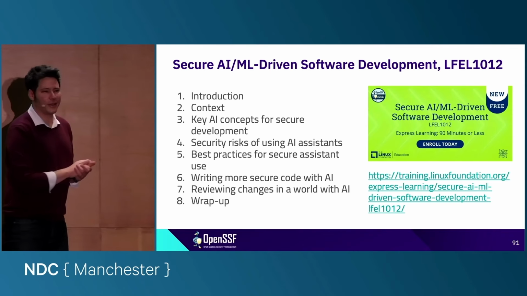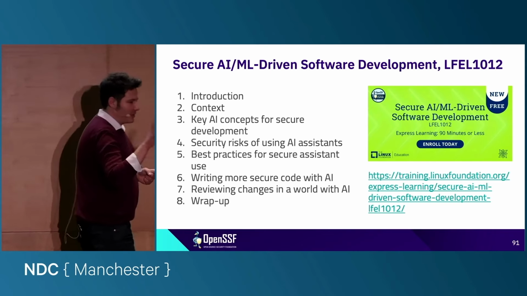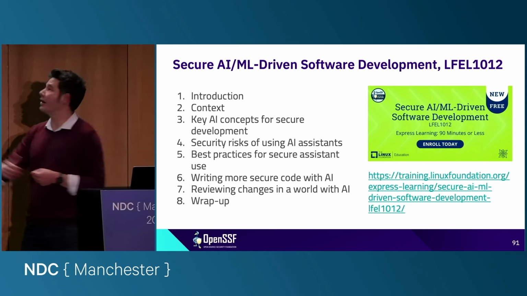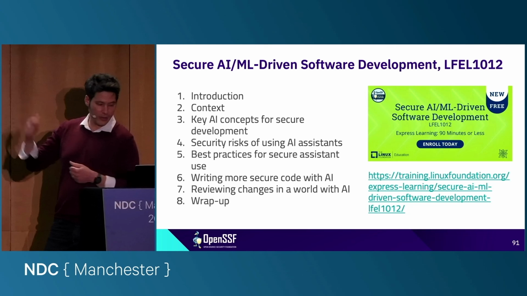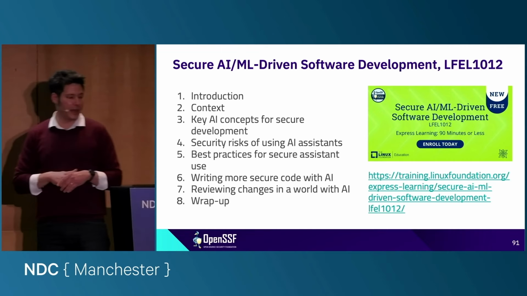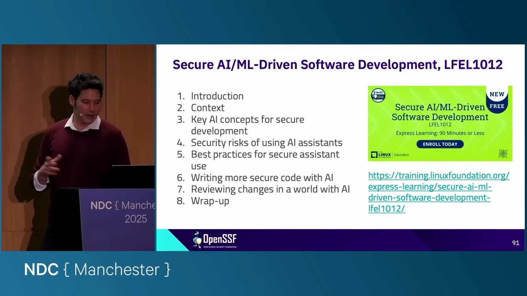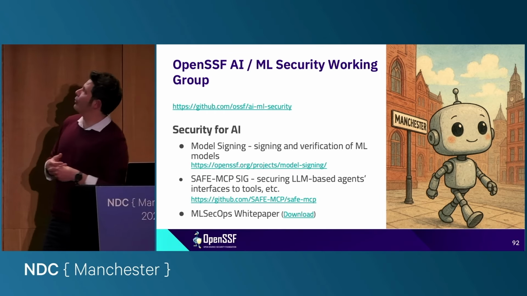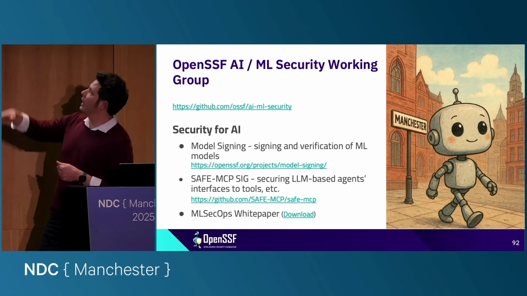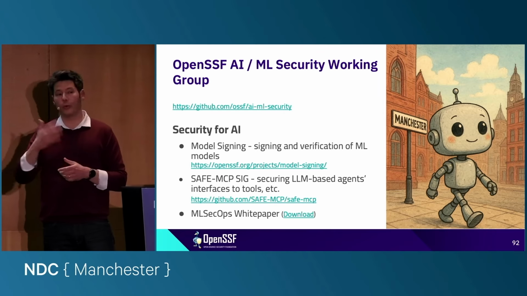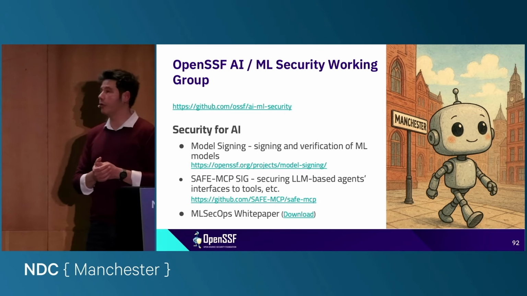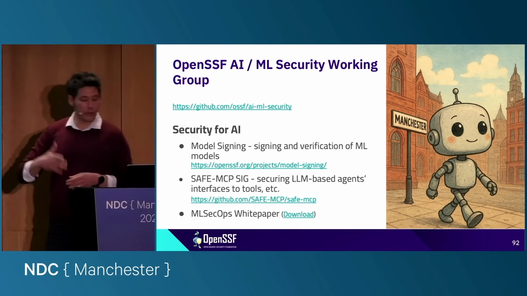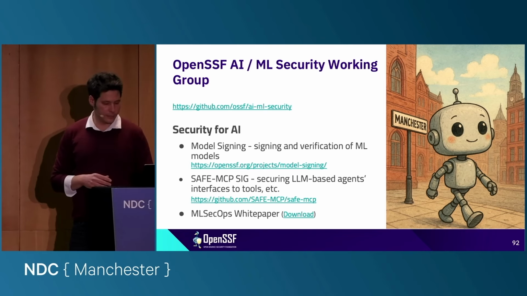Learning more about secure development and all of the different practices I mentioned can be done in this course, Secure AI/ML-driven development, also a free course. The OpenSSF AI/ML working group works on SafeMCP, the MLSecOps white paper, which details the different components of a secure ML operation, and of course, model signing, which is already released.